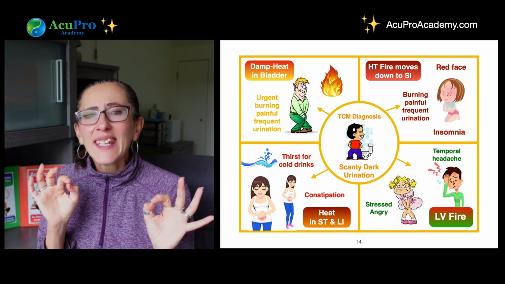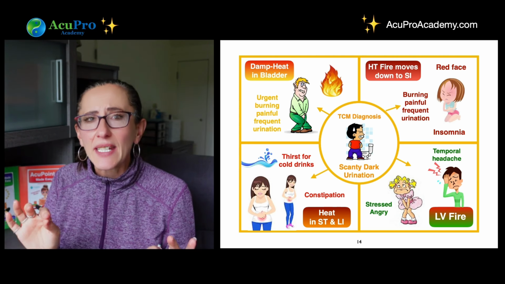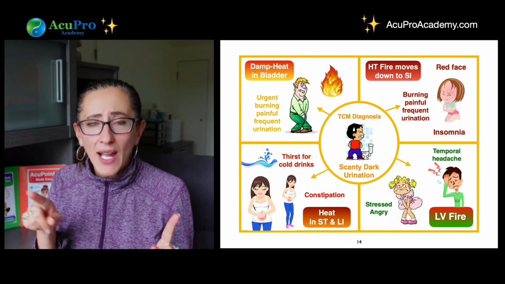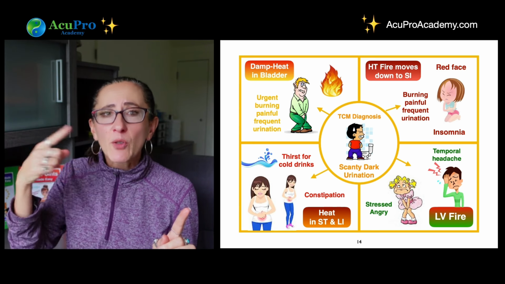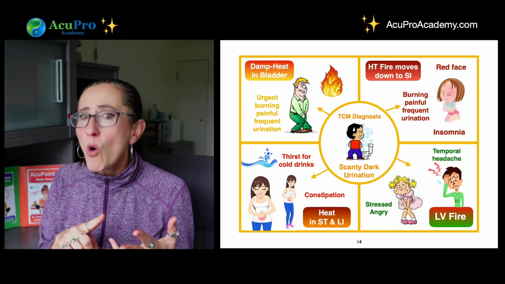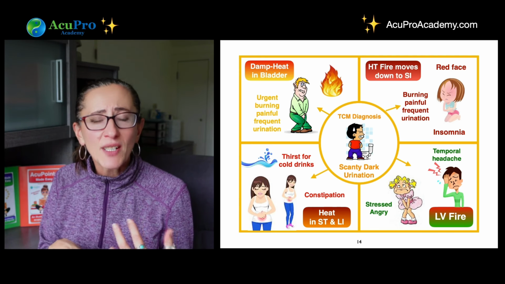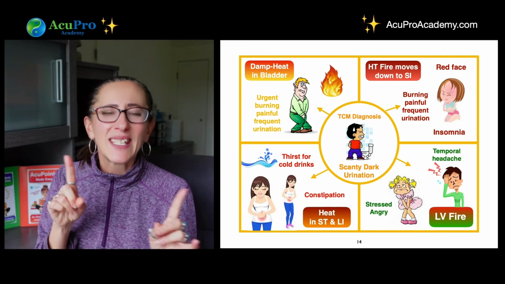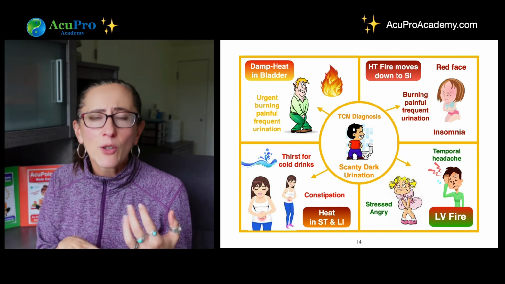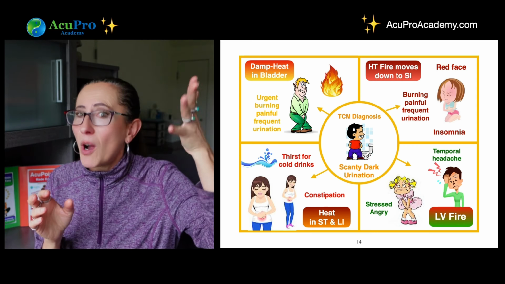That is usually damp heat or fire in the liver meridian, the Luo collateral meridian, because the Luo collateral starts at Liver 5 and comes up and wraps around the external genitalia. So when there's a herpes outbreak or there is urination that's painful and urgent after intercourse, that is liver fire or damp heat in the liver meridian. Usually this person also has anger or irritability issues and headache that feels better with a cold compress.